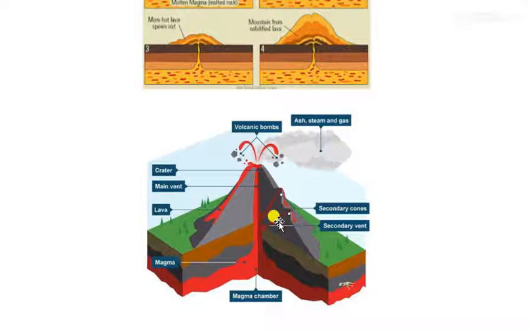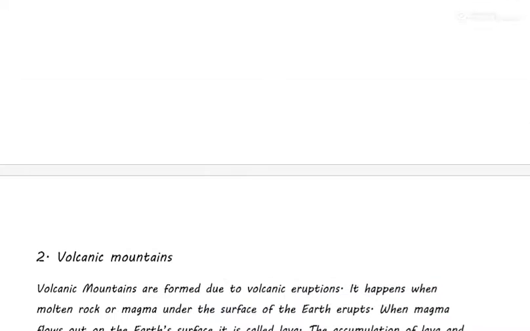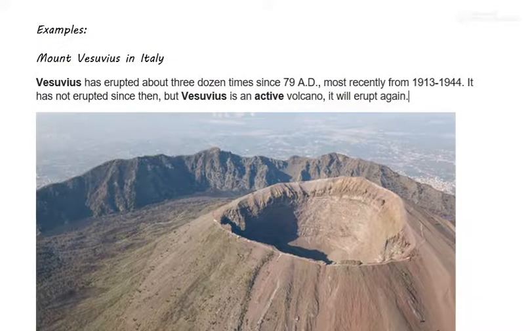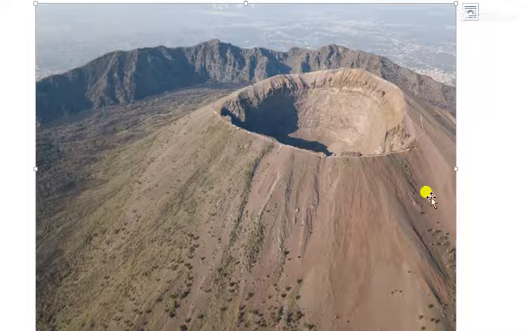The craters of all volcanic mountains are connected to the magma chamber, which is in the interior of the earth. So all the craters, and all the secondary craters, are connected to the main chamber. Some of the volcanic mountains also have crater lakes. If you see Mount Vesuvius, it has a huge crater.